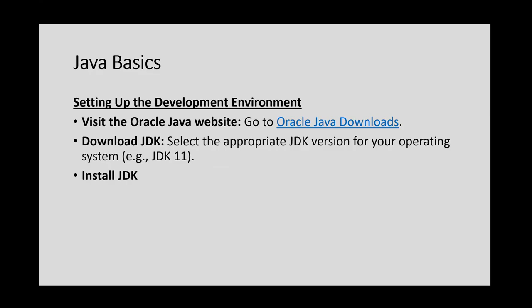To download the JDK, you have to visit the Oracle Java website. As Java is owned by Oracle now, the executable files to download Java are present on the Oracle website. So we have to go to Oracle Java downloads and download the JDK. We need to select the appropriate JDK version for the operating system you have. Java is platform independent, so you can run it on any platform.